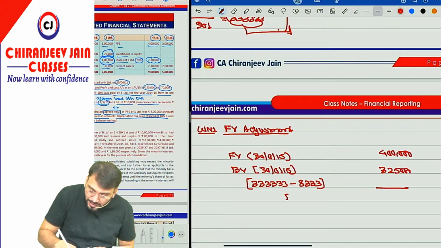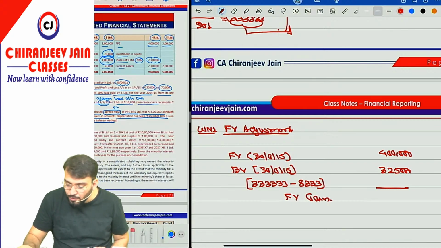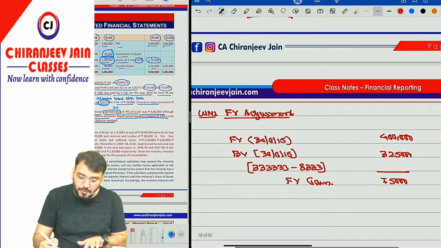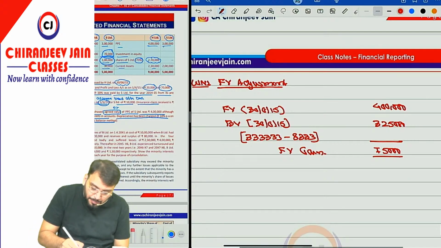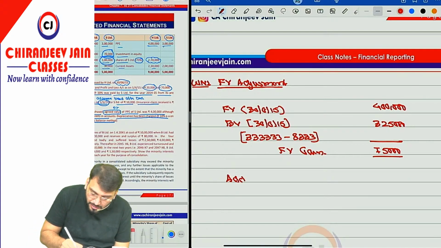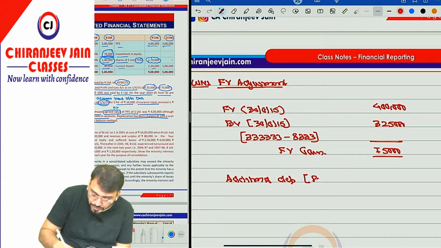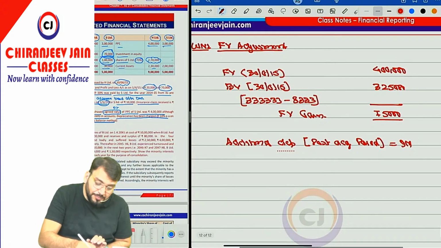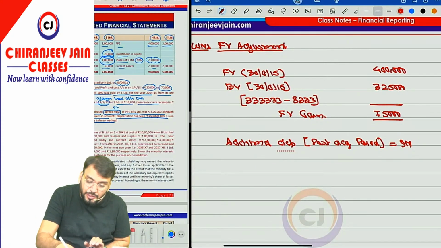So what is the fair value gain? Fair value gain is what? You can see 4 lakh minus 3,25,000, that is 75,000. Now on this we'll calculate additional depreciation for the post acquisition period, which means during the 9 months. So tell me, parent company, because RBM means parent company, will charge depreciation on which amount?